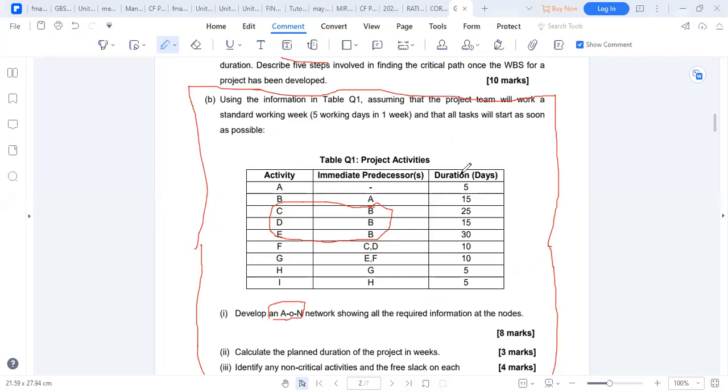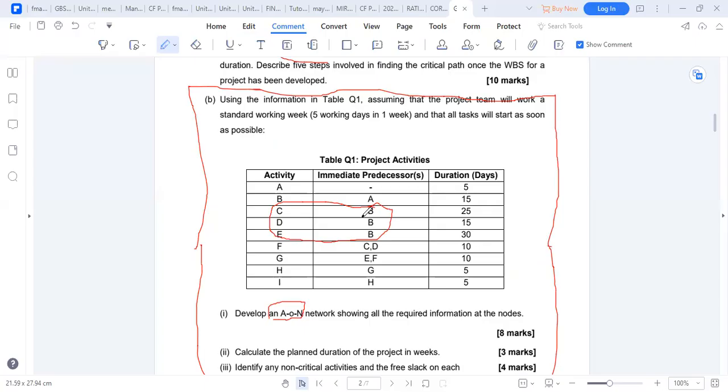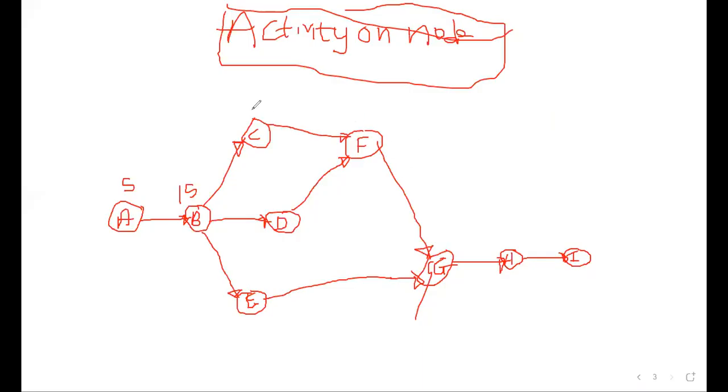A duration is 5, B is 15, then we have the other one, C, is what? C is 25. So you can see that our C is 25.